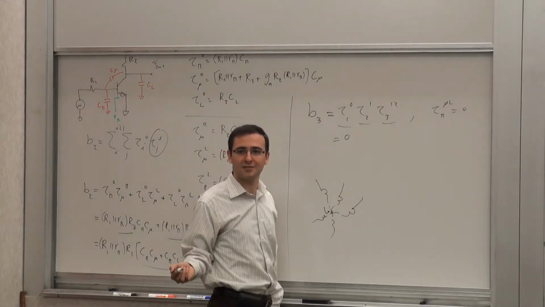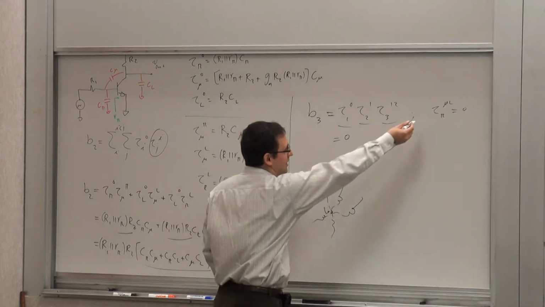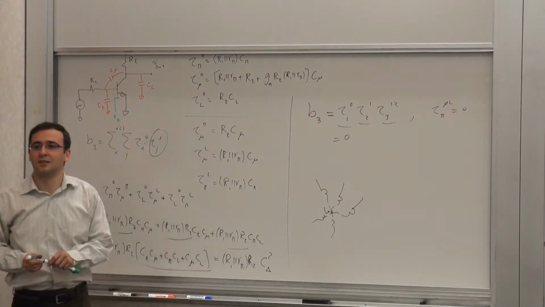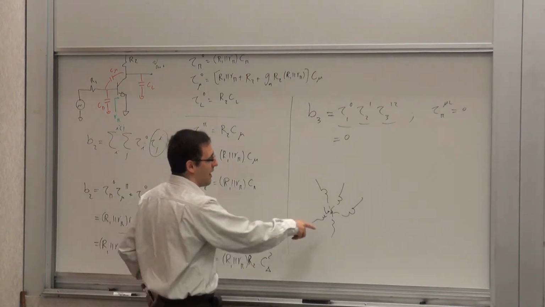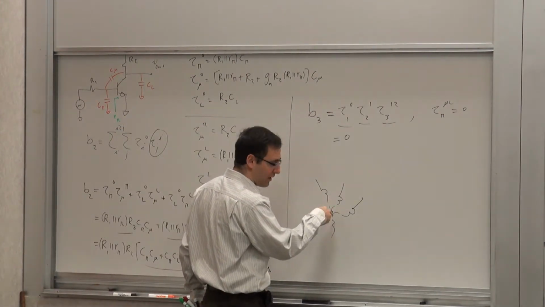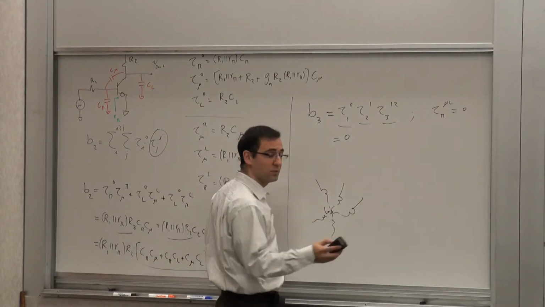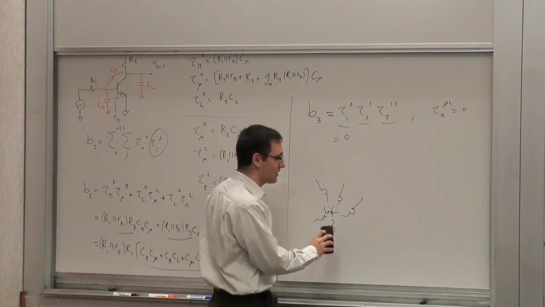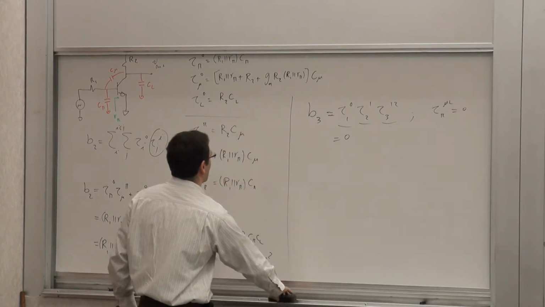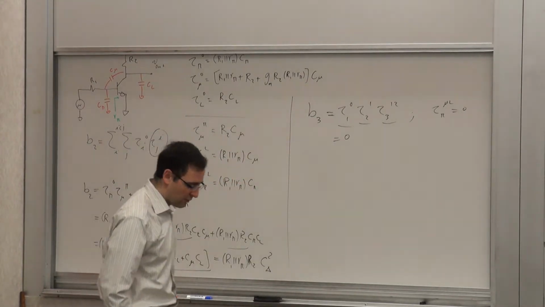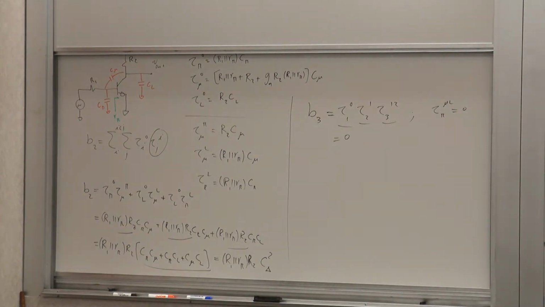So what is L over that resistance? 0. So these factors again become 0. That's why an inductive cut set, or a capacitive loop, reduces the order. You can easily see it. Okay, so that's one example. And that's a useful example because it talks about the common emitter, which is a common stage.